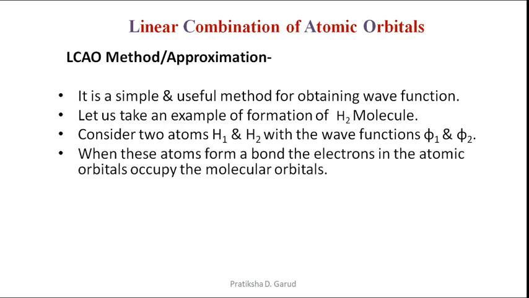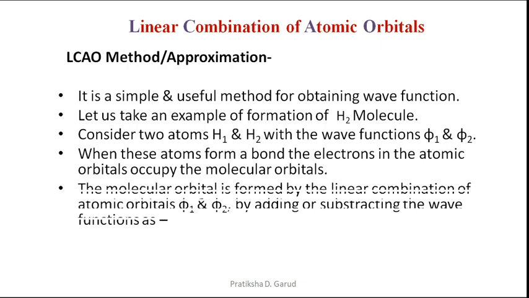Now when these atoms form a bond, the electrons in the atomic orbitals occupy the molecular orbital. Each hydrogen atom has its wave function, phi1 and phi2, and when these two hydrogen atoms form a bond, the electrons which are present in the atomic orbitals occupy the molecular orbital.